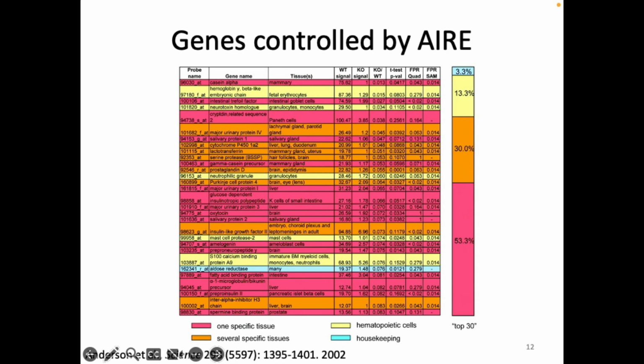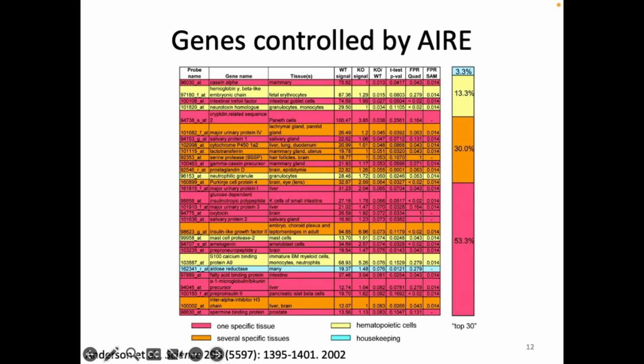We've got salivary protein 1. So we've got a lot of proteins that are made only by one part of the body. There are some other somewhat broader genes that also seem to be regulated by AIRE, but the basic idea is that AIRE is turning on all of the transcripts in the body so that we can test our T cells against all of these tissue-specific genes.